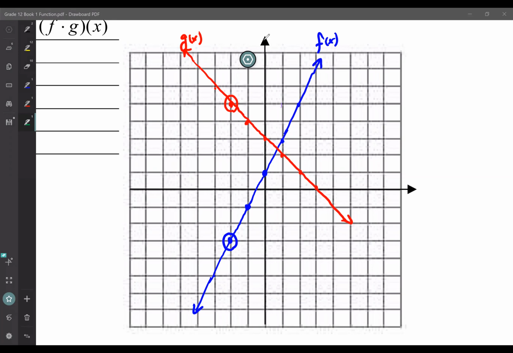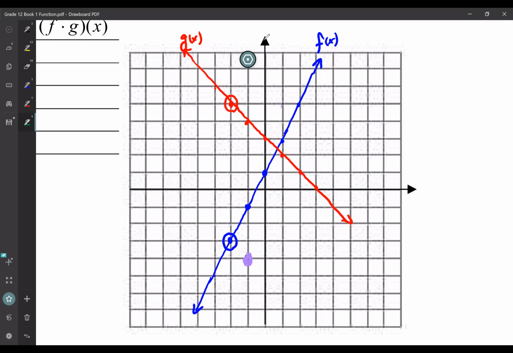This is -1, 4. 1, 2, 3. Terrible drawing. Down 1, there. 2, 3, 4. I'm going to use the green for you.